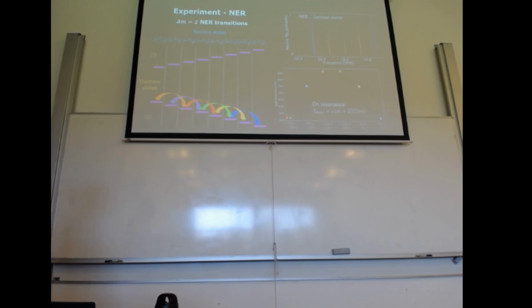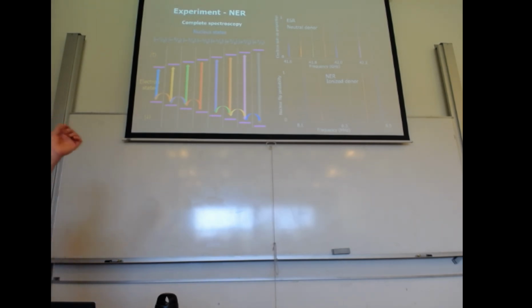As an experimentalist, when you see this good a match, you're very happy, I would say. That also allows us to skip over this forbidden transition using the delta m equals 1 transition. So this is how we could map out the entire spectrum and also find these other resonant peaks. This mechanism is called nuclear electric resonance. This was all done on the ionized donor. That is how we go to this side of the manifold.